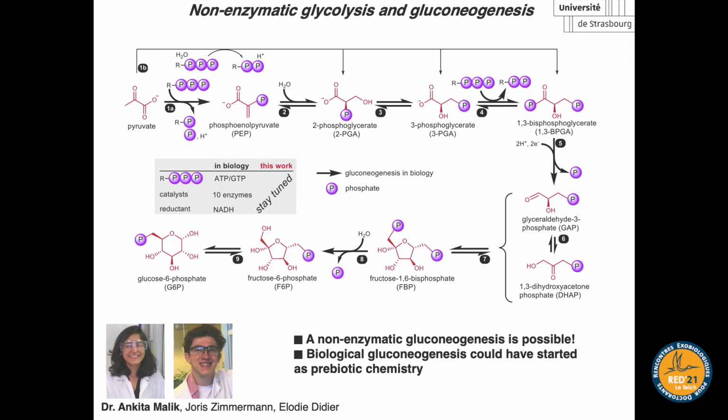In prebiotic chemistry, one popular approach to building up sugar molecules is the Formose reaction, which uses formaldehyde as a building block, and under calcium hydroxide catalysis, it produces a mixture of pentose, so 5-carbon, and hexose, 6-carbon sugars.